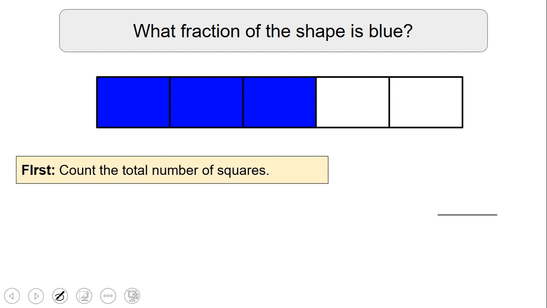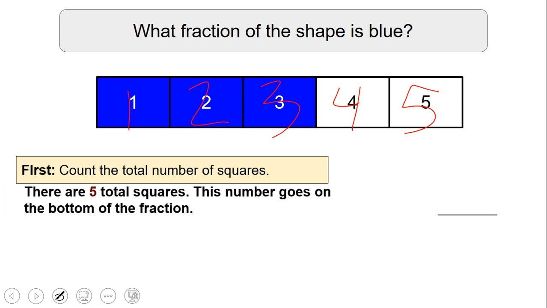We're going to do some practice with it because I know it's a bit tricky. First, you're going to count. When you have a shape, you count how many squares or parts it has. So we have 1, 2, 3, 4, 5. Good. Because there's 5 squares, we put the whole number on the bottom.